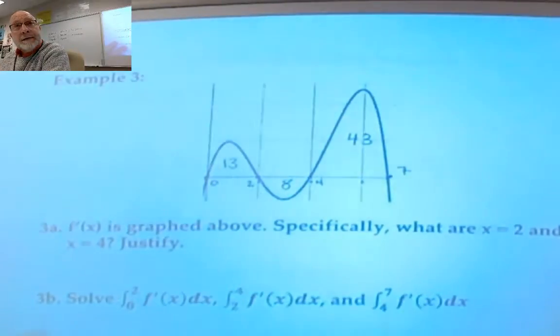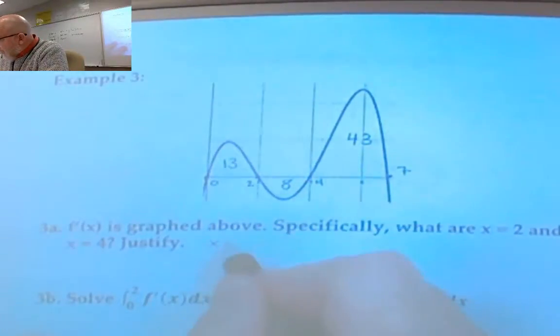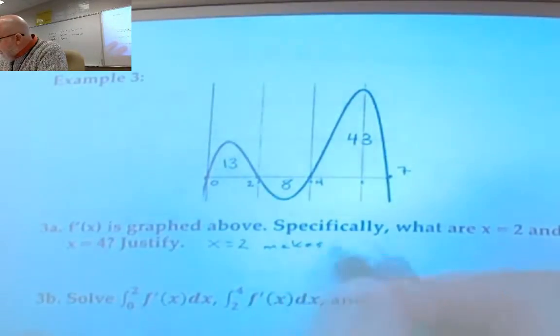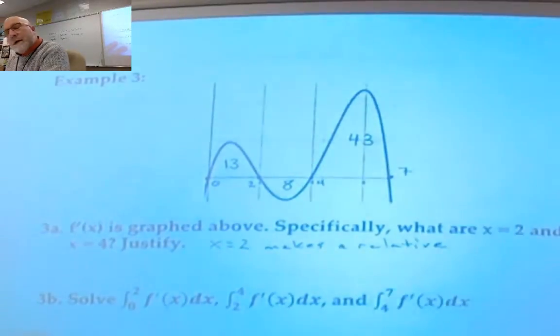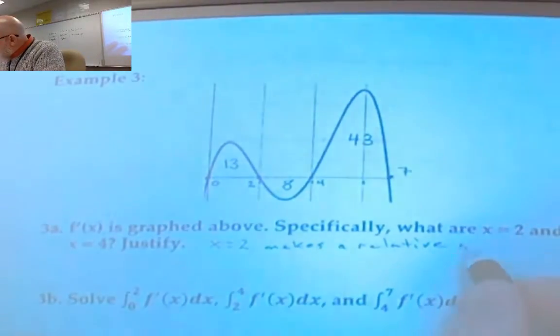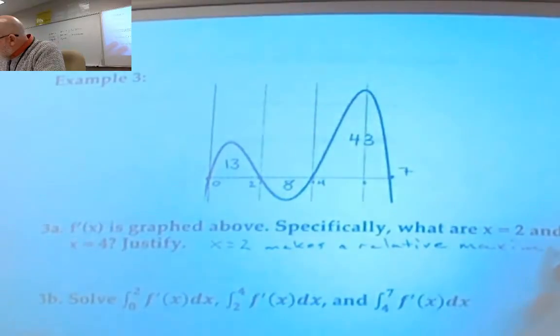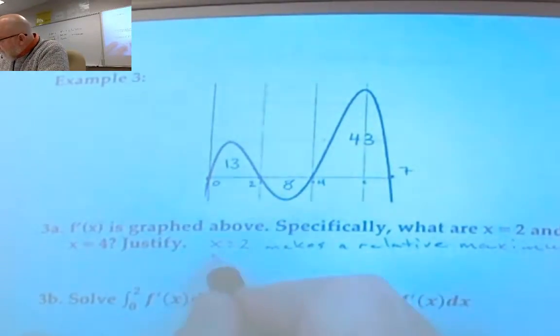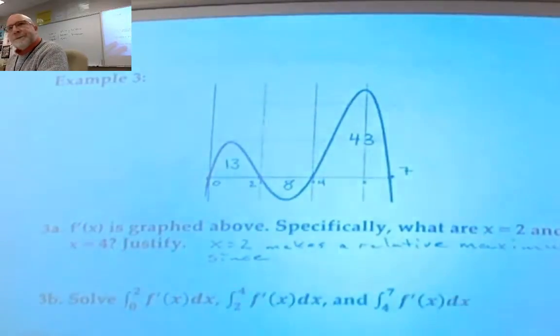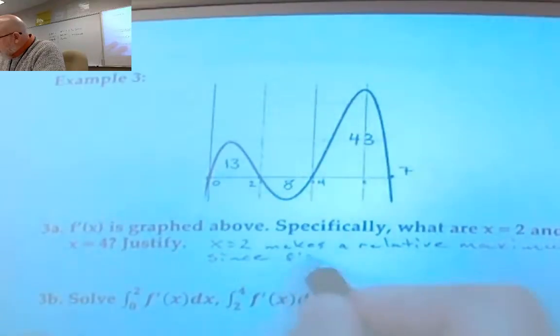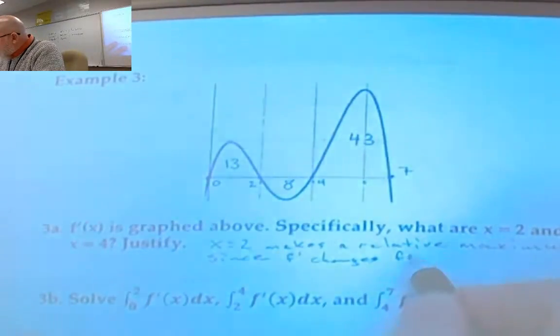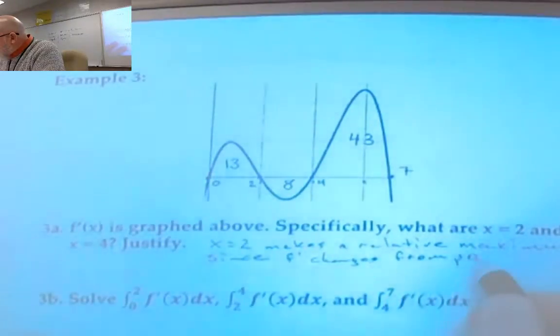Yes. So x equals 2 makes a relative what? Maximum. Since what? From positive to negative?